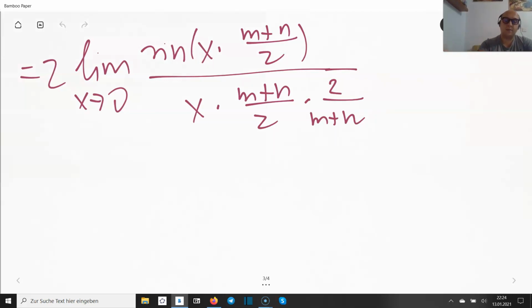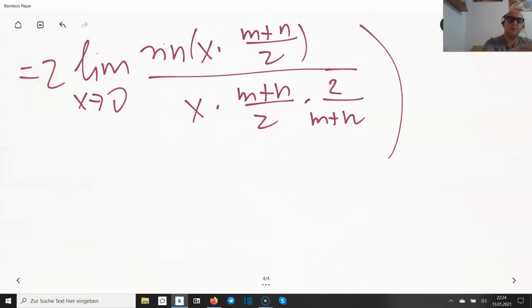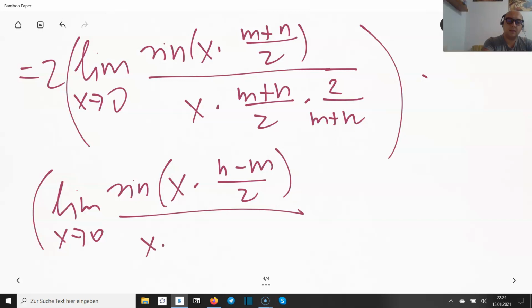Now what we have is, so this is the first limit, times the second limit, x towards 0 still, we have the sine of x times (n minus m) divided by 2, divided over x times, and now I'm multiplying times (n minus m) divided by 2 times 2 divided by (n minus m).